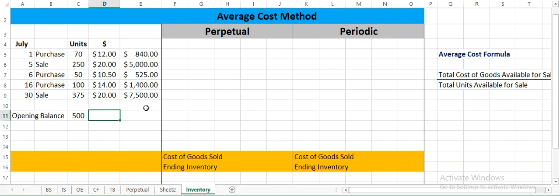Let's say my opening balance is worth $10. I forgot to give that a value. So this is the value of everything that we present here.